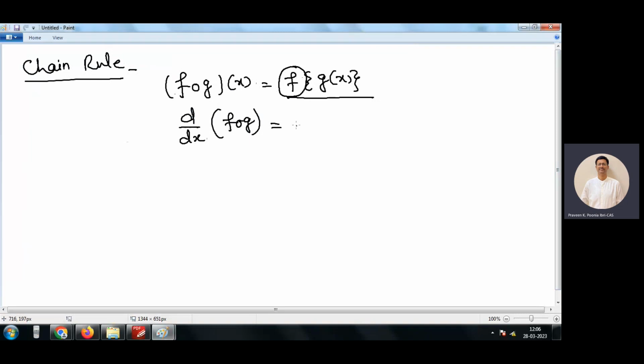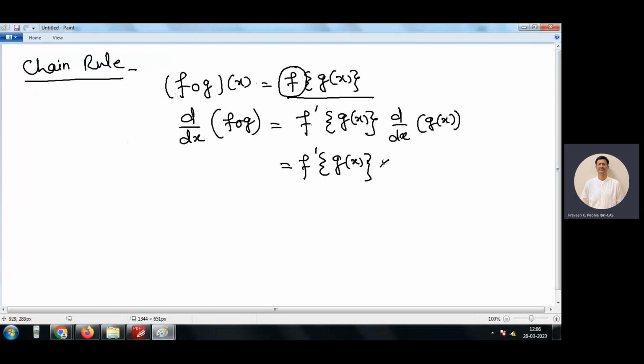Because this is the outer function f, first we will calculate the derivative of f, and g(x) will remain the same. Then we will write the derivative of g(x), whatever is inside. So it is f prime of g(x), and then you need to write the derivative of g(x) also. It is g prime(x). Clear? So this is how we are going to use the chain rule.